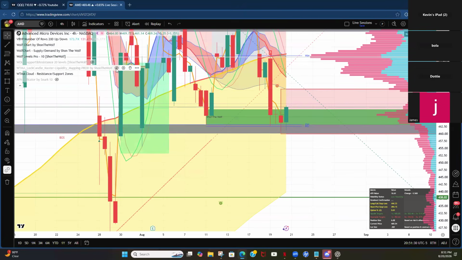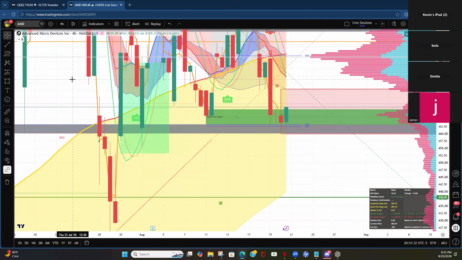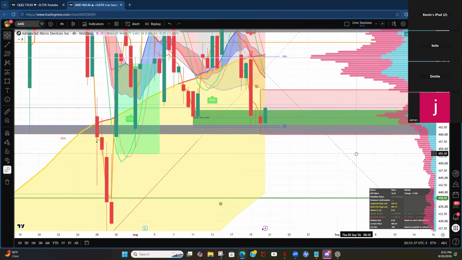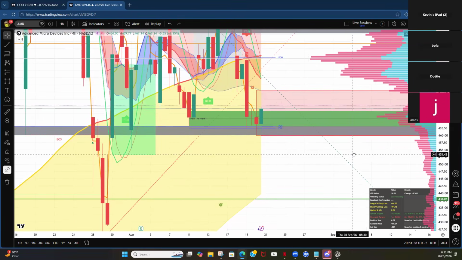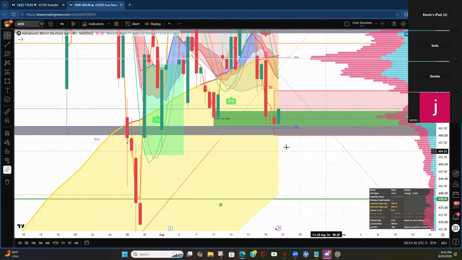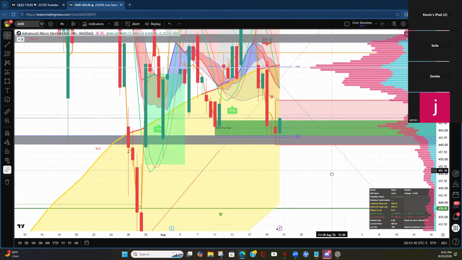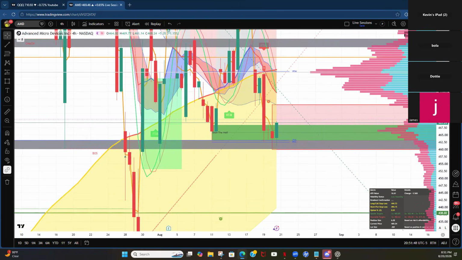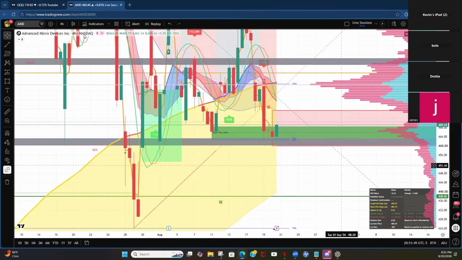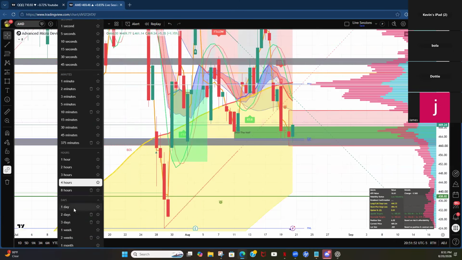Hey, I've got a quick question. You say if it breaks out of the box we should be looking for calls, but how would you play that? As soon as it breaks out, or should we look for a retest to the top of the box? And what time frame? Not calls, because you have a bearish arc.